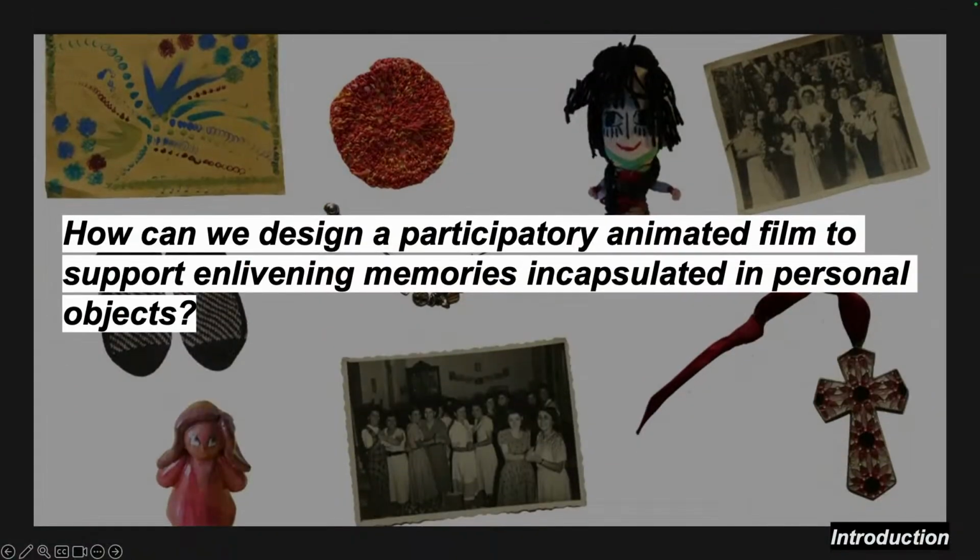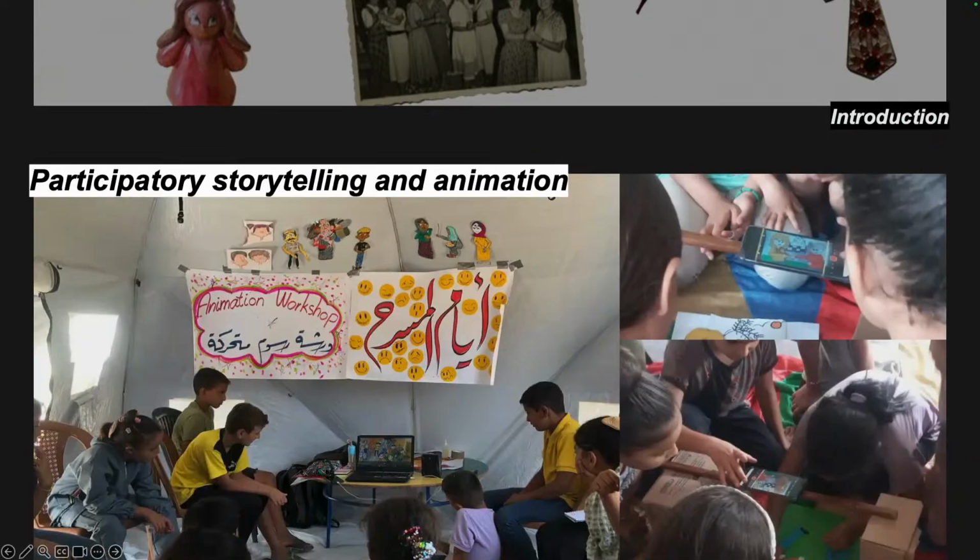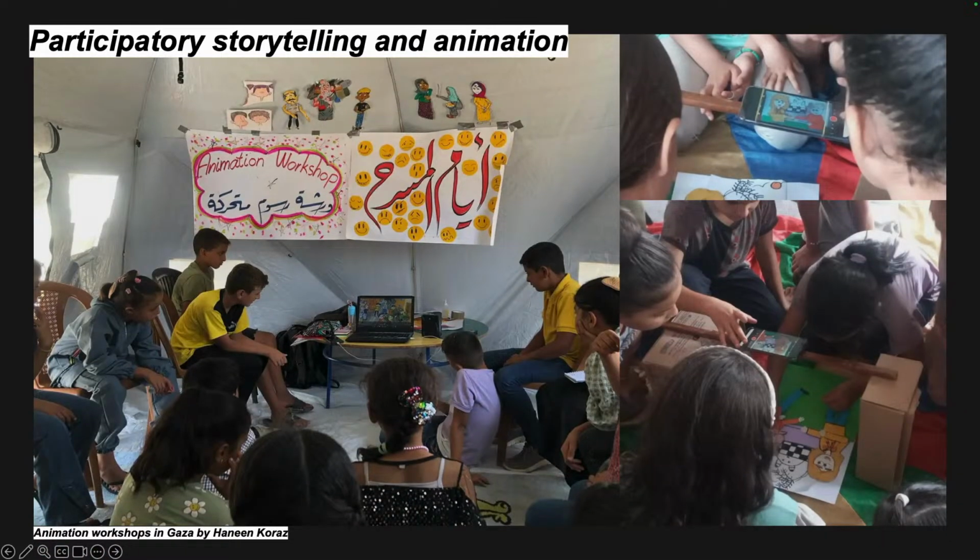And we focus on participatory animation making with these objects, and we investigate how we can enable and empower individuals, non-experts, and specifically displaced individuals to reflect on their own personal objects through animation making process. And we do this through the design and evaluation of Memotions. And we ask how we can do this and how it can affect individuals.